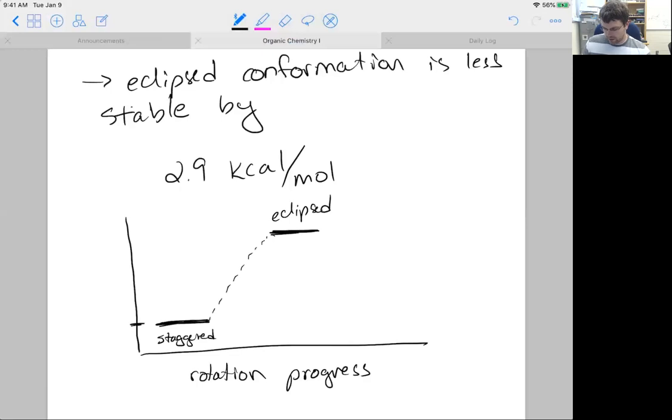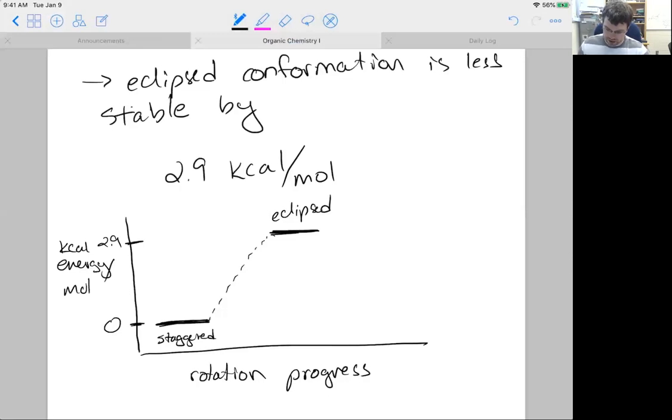In particular, I'm going to set the y-axis so that the staggered conformation is at 0, and this is going to be energy per mole, and we'll just specify that it's kilocalories. And we go up, and the y-axis is now going to be 2.9 kilocalories per mole for my eclipsed conformation.